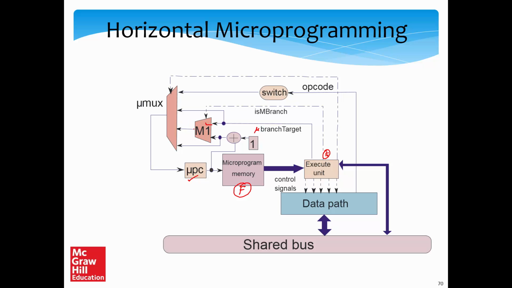I'll just tell you why we have two multiplexers here. So we have one, M1. Essentially, if the instruction is a branch and if the branch is successful, if it's taken, then we will choose one of these. Otherwise, if this instruction is not a branch and it's not relevant, then essentially we move both the branch target and the default next microprogram PC to the micro mux.